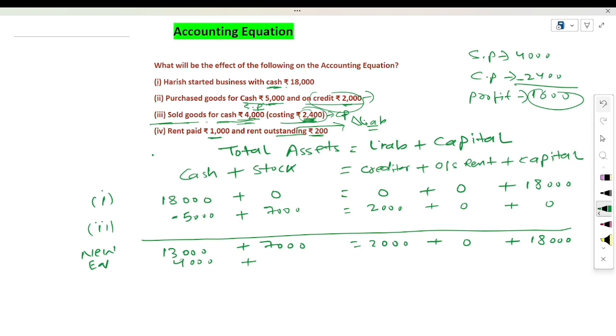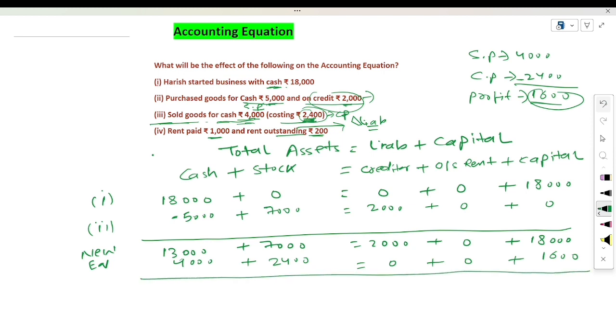How much cost price? 2,400 means your stock will be reduced by 2,400. Creditors, nothing, 0. How much profit are you getting here? Profit 1,600. It means by 1,600 your capital value will be increased.